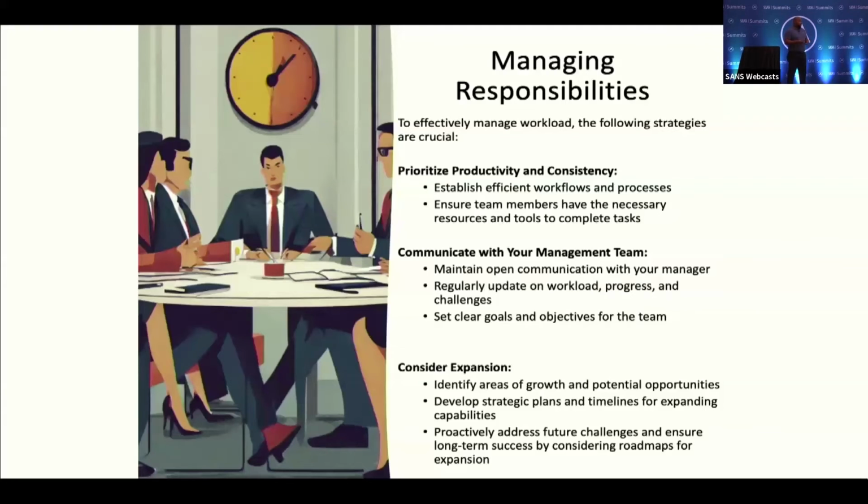When you're speaking with management, it's also good to make sure you have an open line of communication always, and to be able to speak to them about any workloads that you have, any updates, and any challenges that you see.